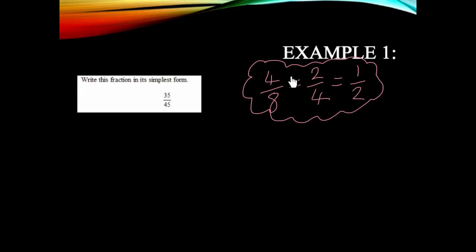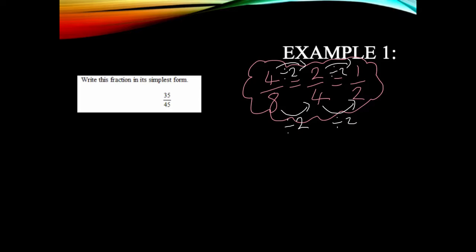This idea of halving that we did over here is actually dividing the top and the bottom by the same thing. What we were doing here is dividing by 2, and the same again, dividing by 2. Now, I can't divide the fraction on the left hand side by 2, but is there another number that does go into 35 and into 45?